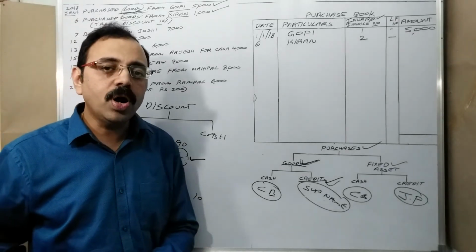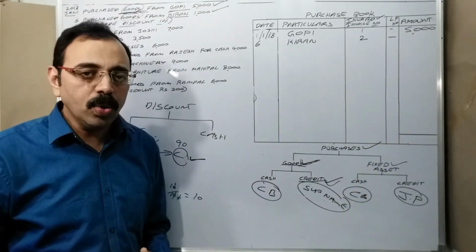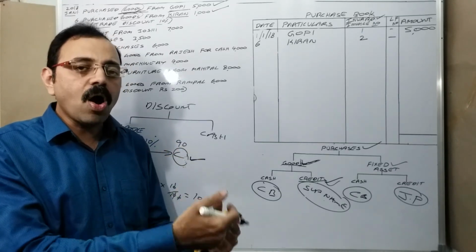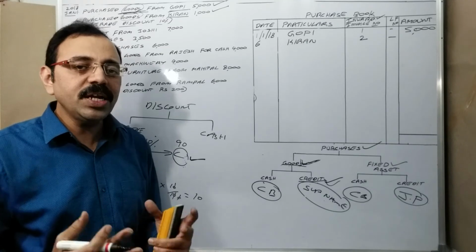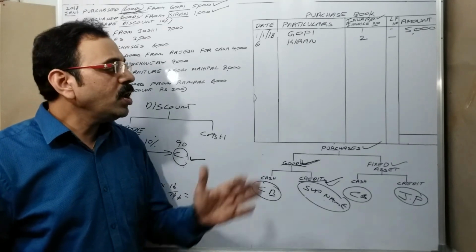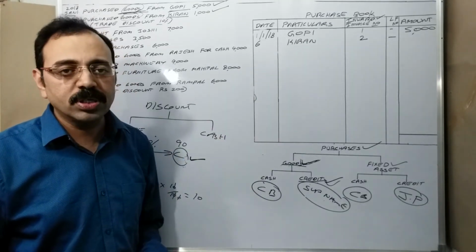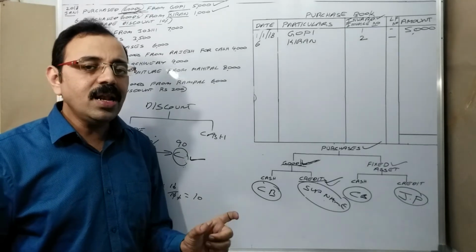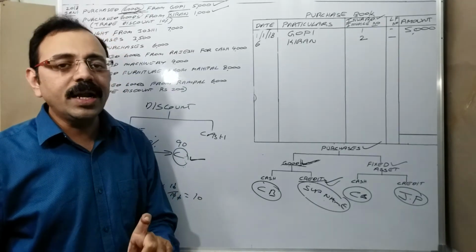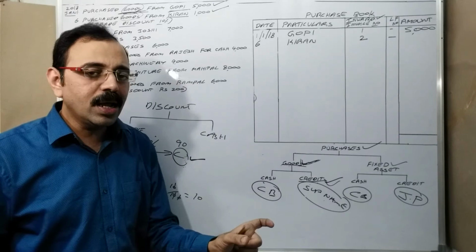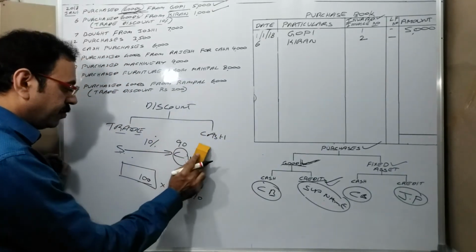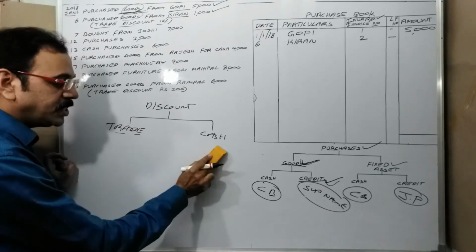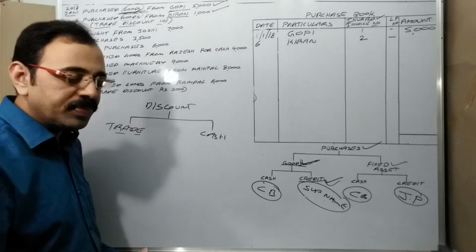Trade discount means what? While buying the goods, if a seller offers any discount to customer, the discount is known as trade discount. And we need not show the trade discount in the books, because finally at what rate we are getting that product, if you show that amount, that is enough. Clear? Then what is meant by cash discount? Let us see.